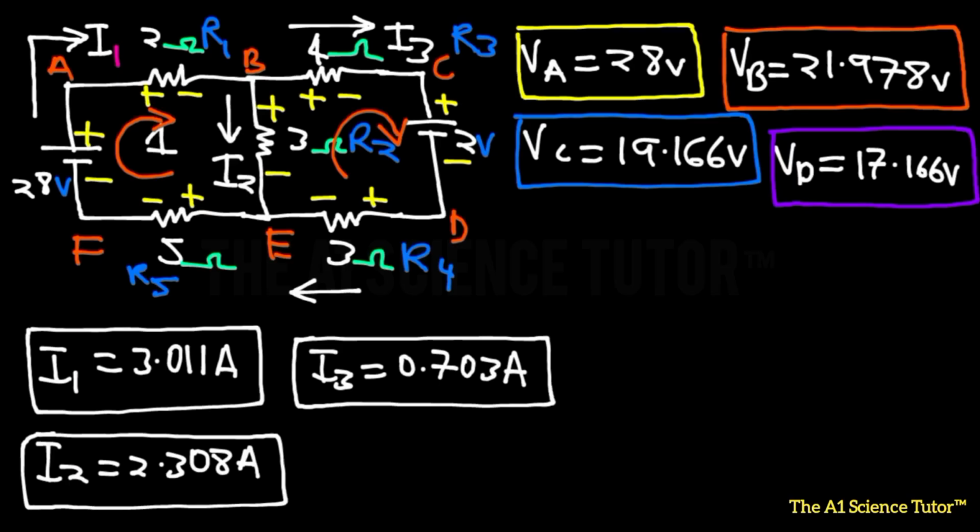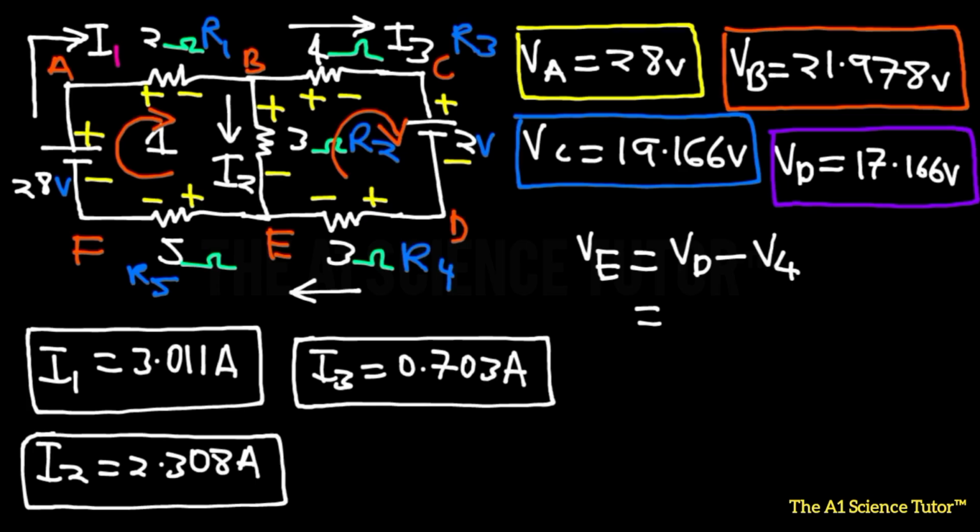And the next one is VE, the potential at point E. VE will be equal to VD minus the voltage wasted over the 4th resistor, which could be written as V4. So we know VD is 17.166, minus V4. V4 is I3 multiplied by R4.